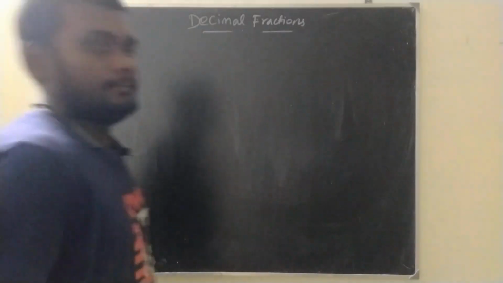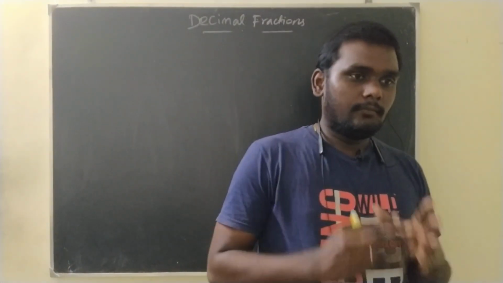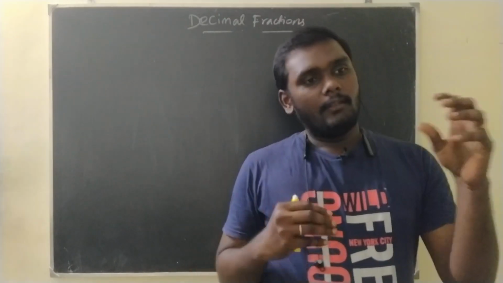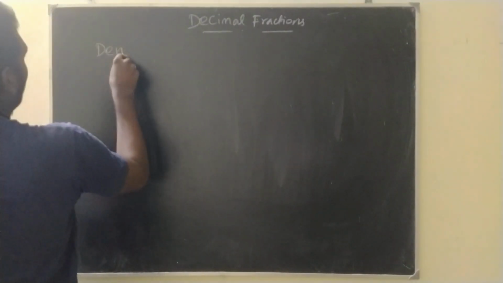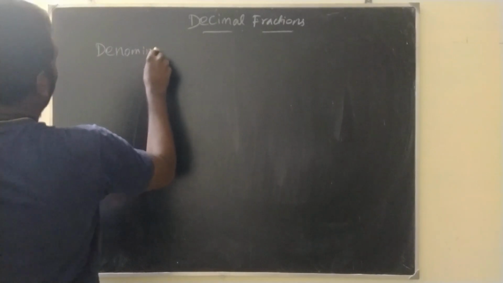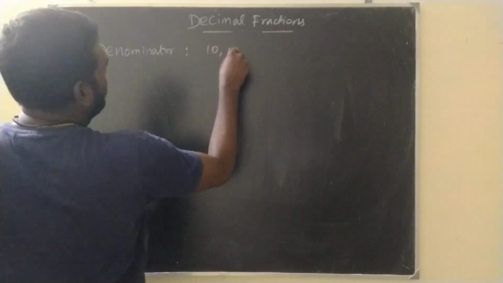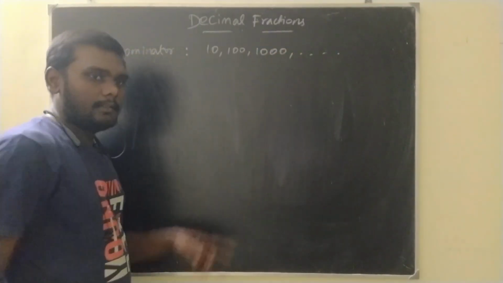The decimal fractions. Decimal fractions means, what is a fraction, right? It has numerator as well as denominator. Suppose in the denominator of a fraction we have 10, 100, 1000. What are all these?